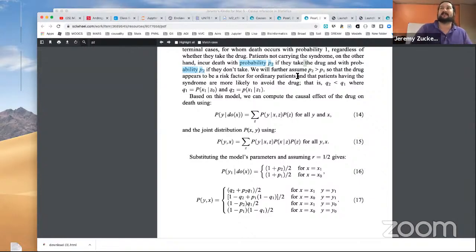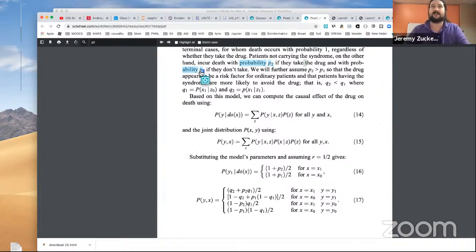So then which one is the correct one? He says, we further assume that P2 is greater than P1 so that the drug appears to be a risk factor for ordinary patients. That means P2 is the probability that if they take the drug, they'll die. If that number is larger than the probability that they'll die if they don't take the drug, then this must be P1.